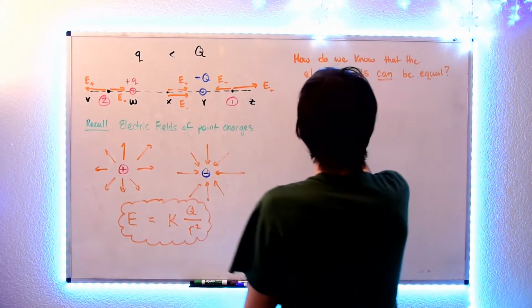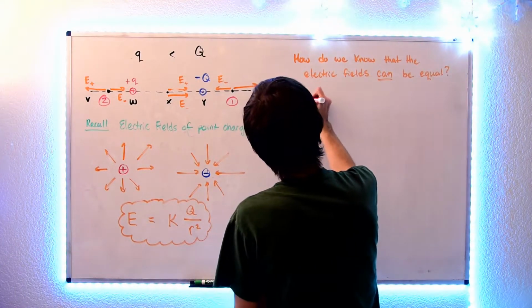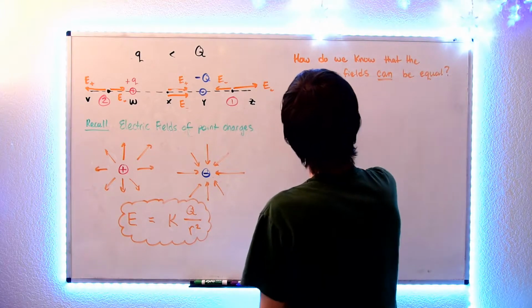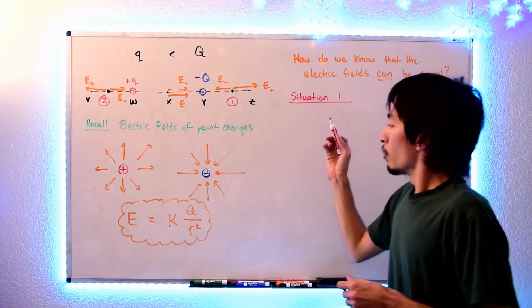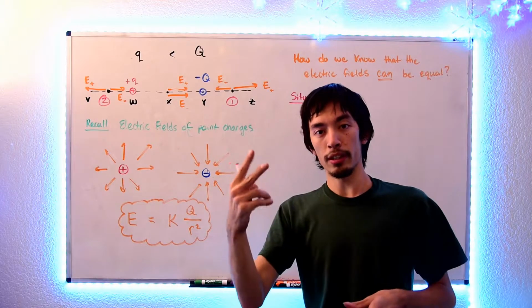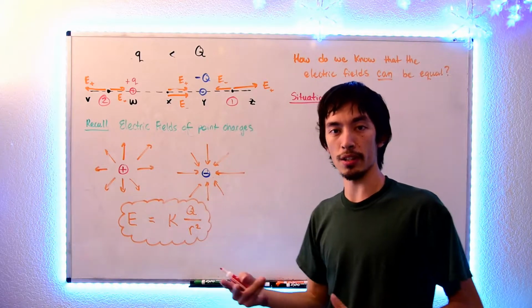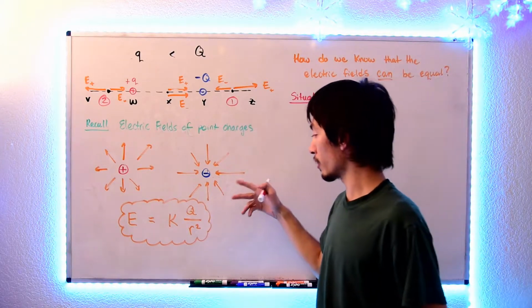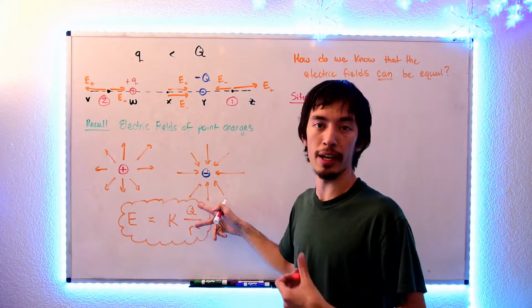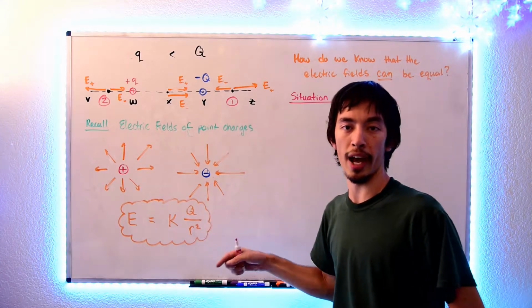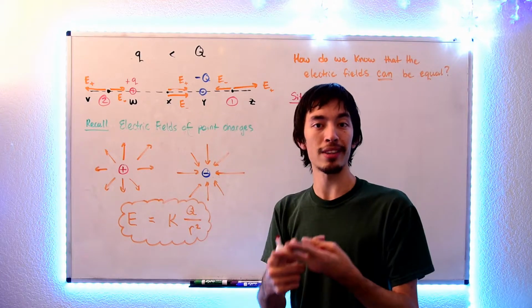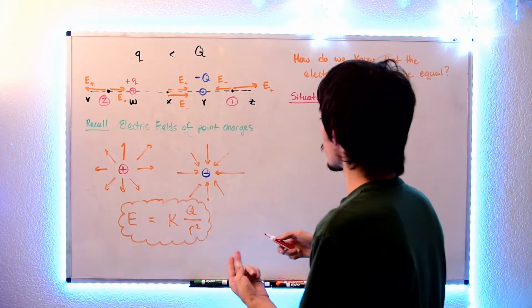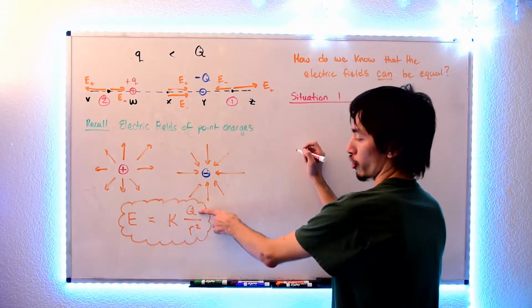So for situation 1, we're going to ask two questions. Basically, the two questions are going to consist of the factors that we're questioning that make the electric field bigger or smaller. So we're going to ask about the charge, and we're going to ask about the distance. Okay? So let's start with the charge.